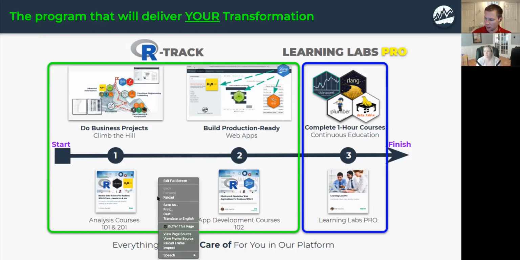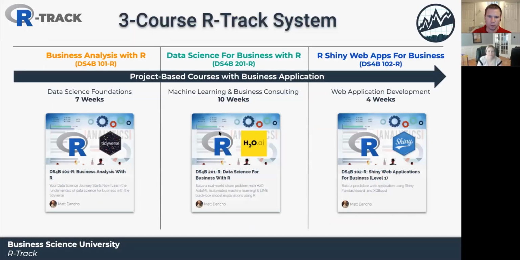So, a little bit more specifics about the program, it's a 3-course system. I am working on a 4th course, and it's coming soon. It's the Expert Web Apps, but it starts off with the 101 course, and you take this, you gain all of your foundations, and then you move to the 201 course, which teaches you machine learning and business consulting.